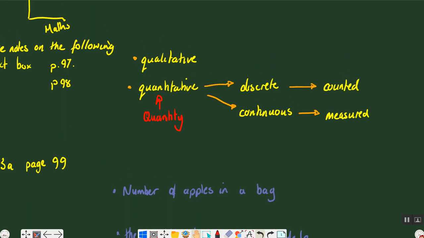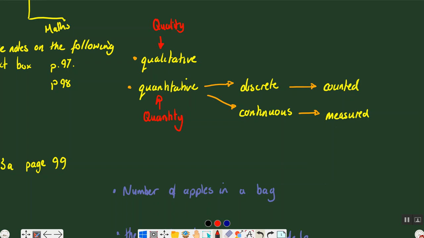And what would you do maybe with qualitative? What qualities would your ideal partner have? So qualities, as in what kind of traits does it have, rather than how many of something, okay?